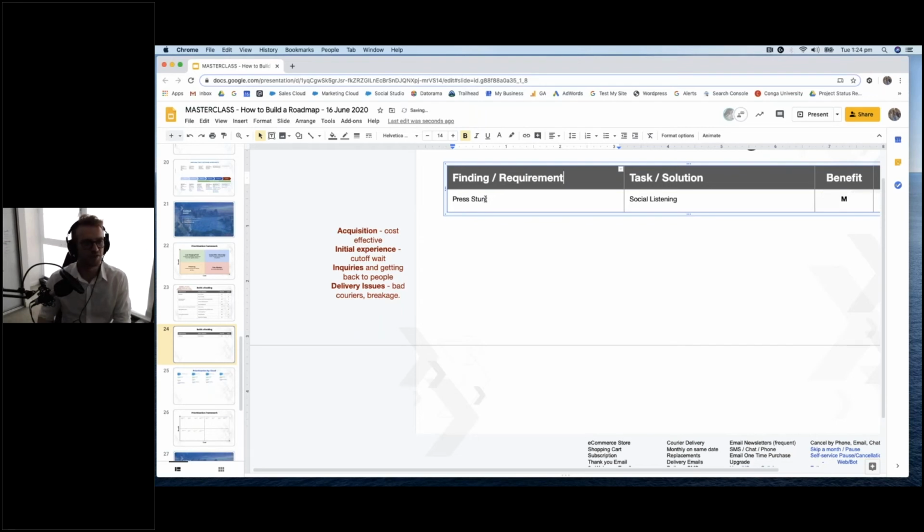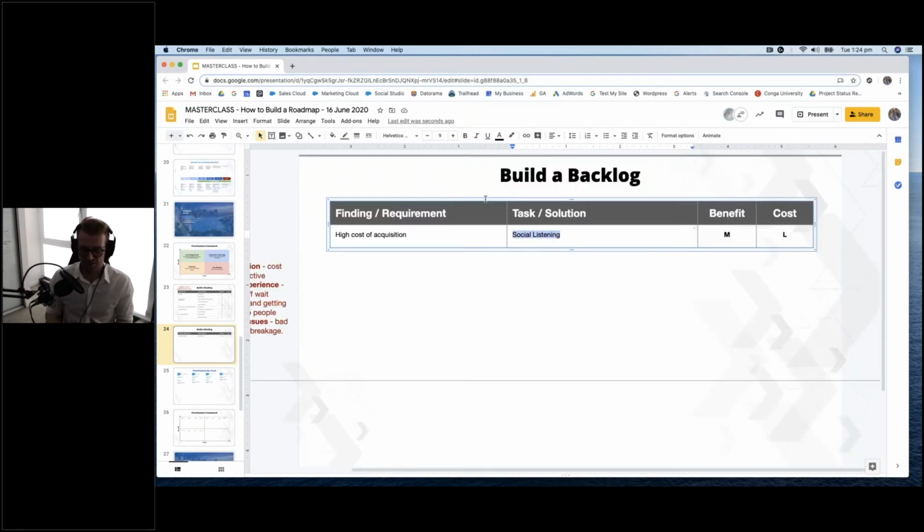It could be an explicit finding, it could be a pain point. Anything goes. So the pain point is high cost of acquisition. Drilling into that, what I know is that he does spend a bit of money on ads, but only about 5% of their actual conversions come from ads. So he spends a lot of money on stuff that's not working properly.